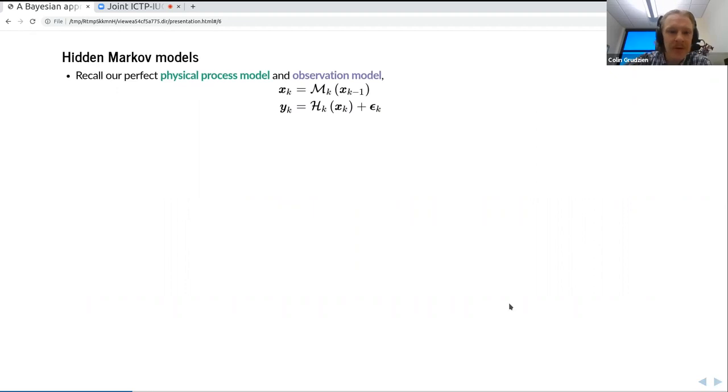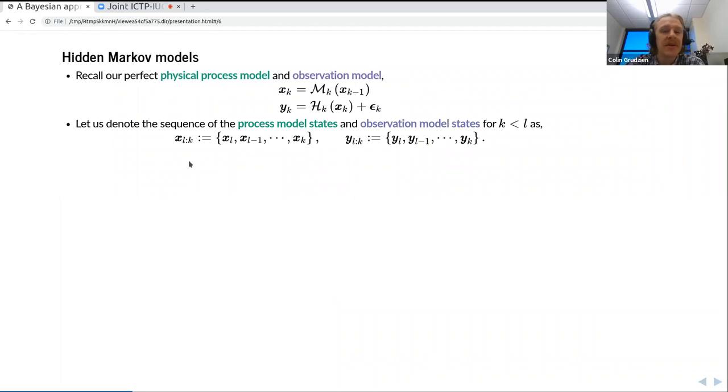So I want to recall again, we have our physical process model and we have our observation model. And let's denote the process model states and observation model states with this sort of slice notation, where if we have a k index that's less than this l index, we'll refer to this slice of x_l through k exactly as just the time series of the model states, or respectively the time series for the observation states.